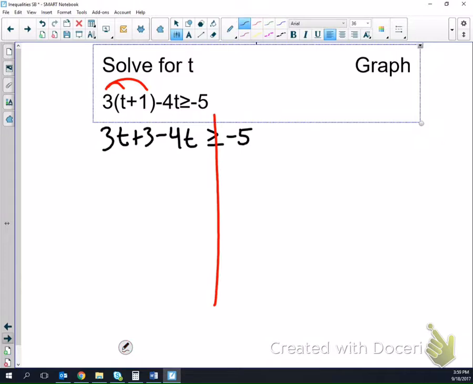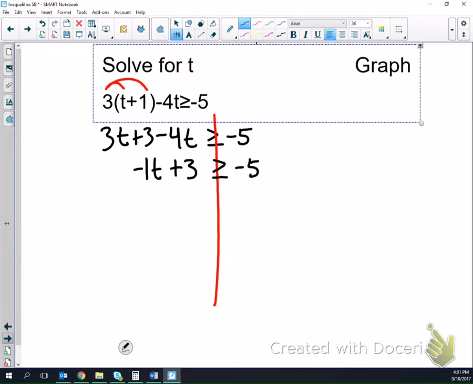All right, next, 3t minus 4t, so that's -1t plus 3. Now at this point, if I wanted to just call that -t, I don't have to write -1t. I'm going to leave it like this for right now, and I'll show you in a moment.